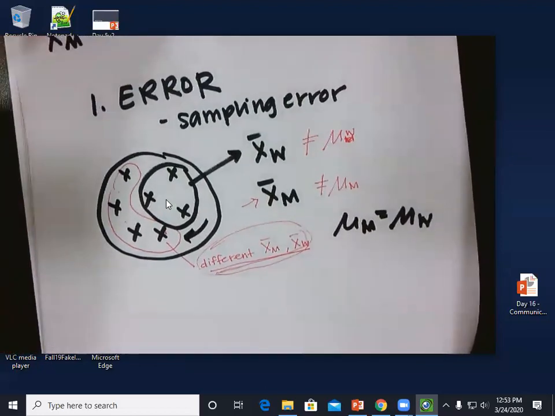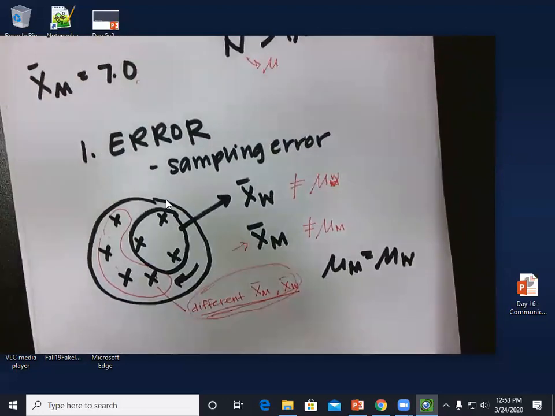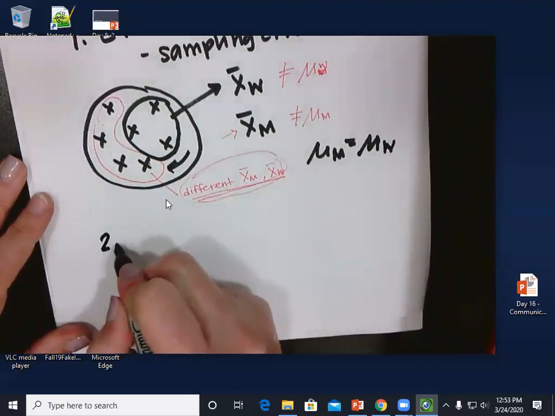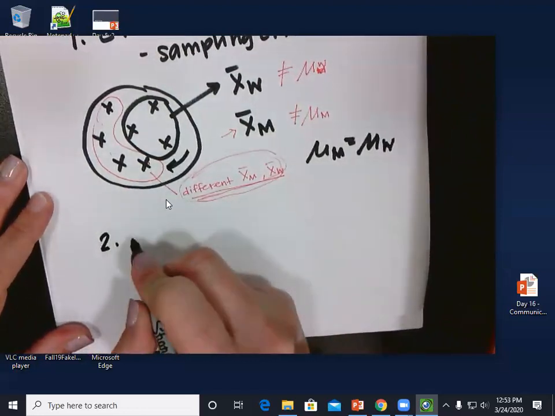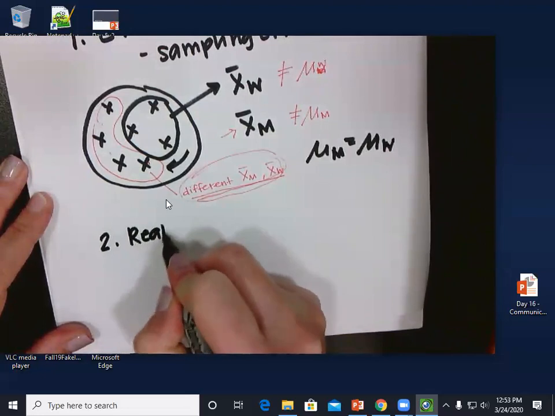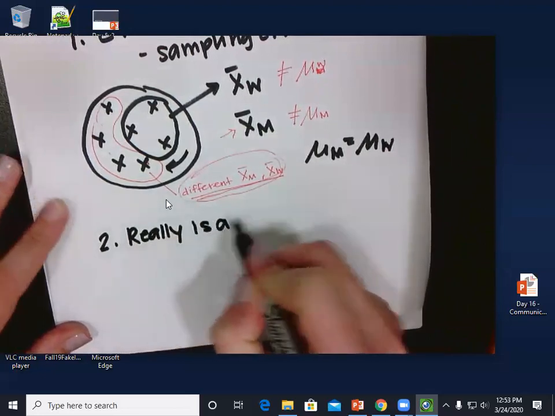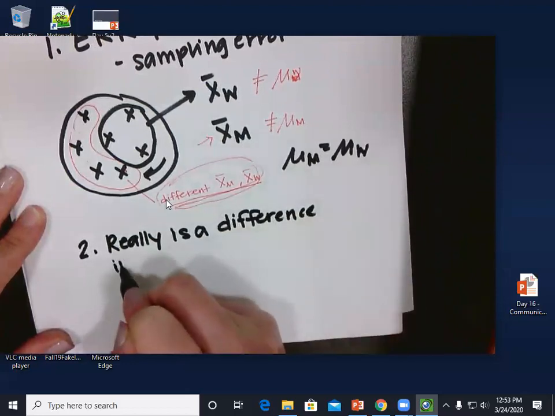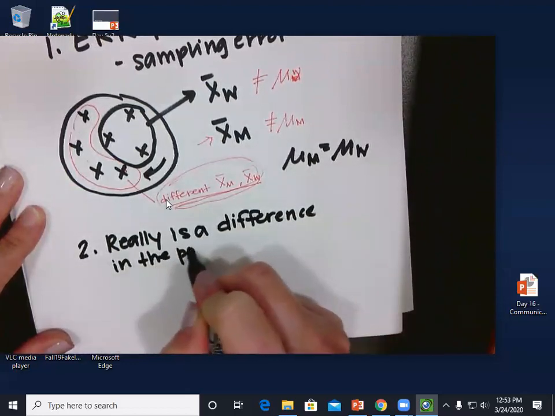Another possible explanation for this result that we're seeing is that we are seeing this difference in the sample because there really is a difference in the population.